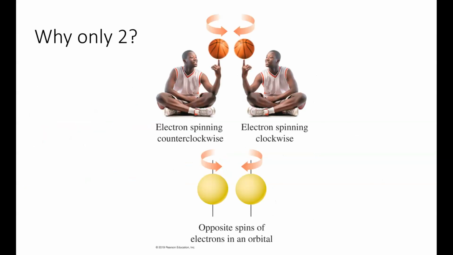Some folks are sometimes curious about why we can only have 2 electrons in each of those suborbitals. It has to do with electron spin. You can have only 2 different possibilities for electron spin in each of these sublevels.